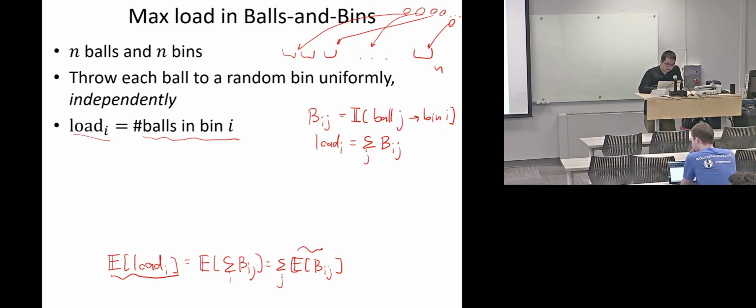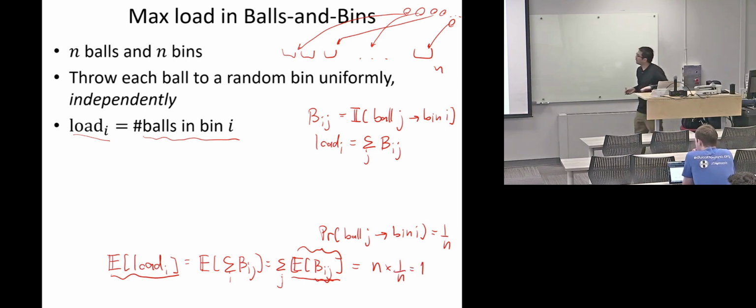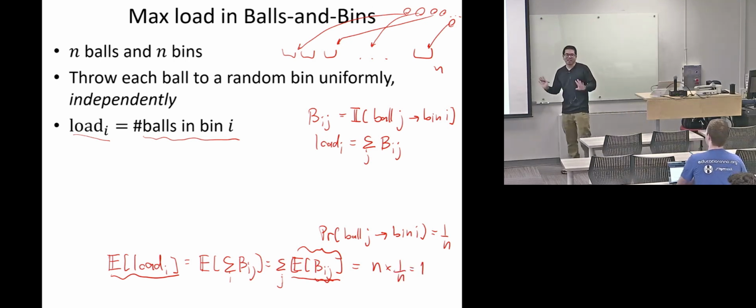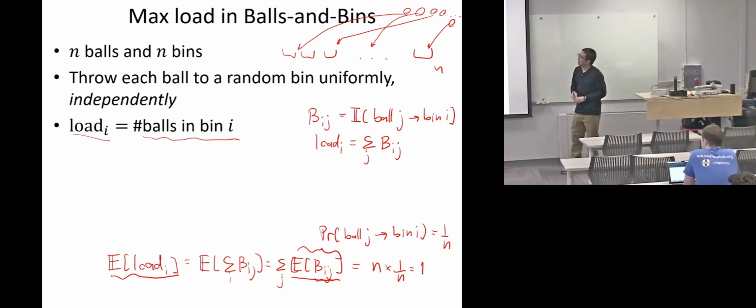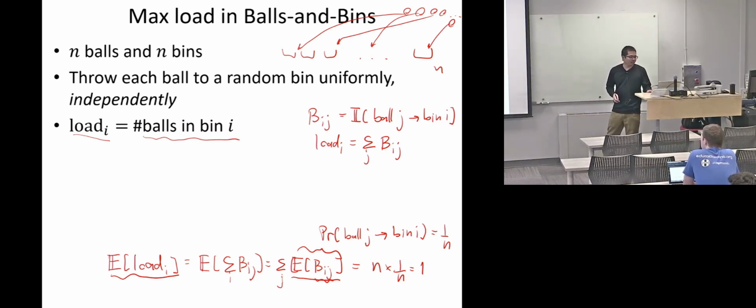But from the definition of indicator, this is just the probability that ball j goes to bin i, which is 1/n. So when you sum this, you get n times 1/n, which is 1. So the expected load for each bin is 1.